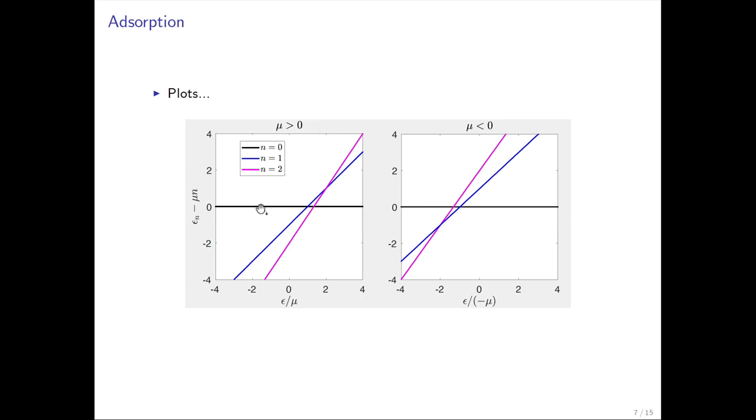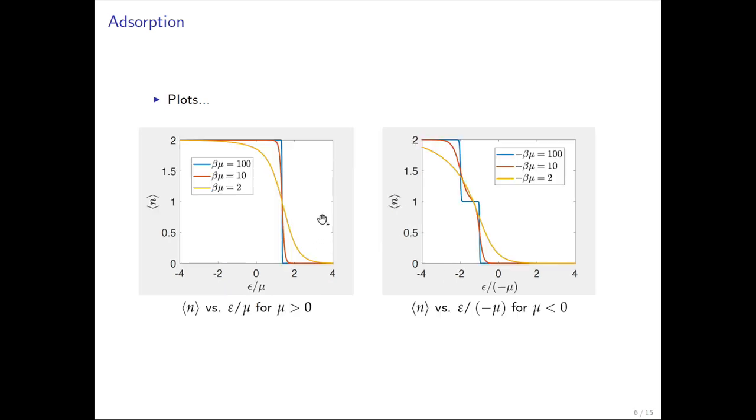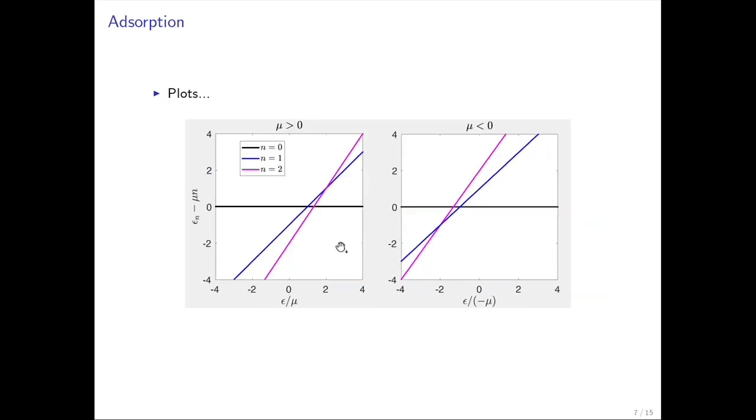When mu is positive, what you can see is as you raise epsilon from negative to positive, the lowest energy one is the n equals 2, and then at this point, the lowest energy becomes the n equals 0 term. So at no point is the n equals 1 lower than n equals 2, and that's why you go from 2 to 0.